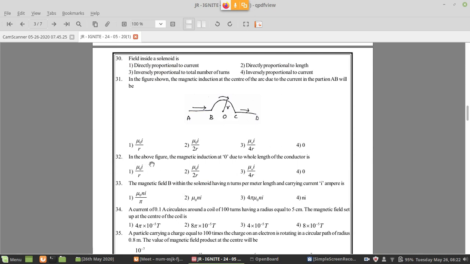32nd again. In the above figure, the magnetic induction at O due to the whole length of the conductor. Now we have to take magnetic field due to AB, BC and CD and add actually. But AB is 0 already, as we derived in the previous question. CD also is the same way, 0, because a straight conductor along the axis is going to be 0. So the only portion that is contributing to the magnetic field at O will be the BC arc, and that is a semicircular arc. Therefore we have to use the formula mu naught I by 4 pi r.